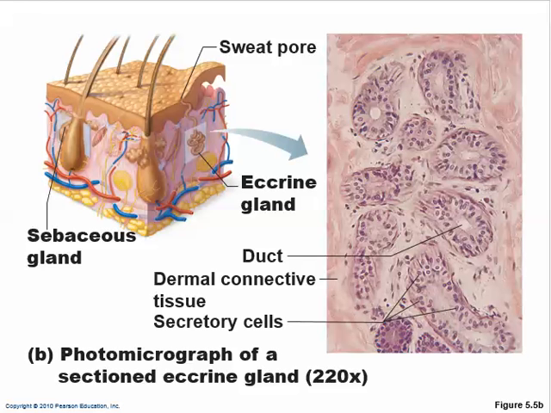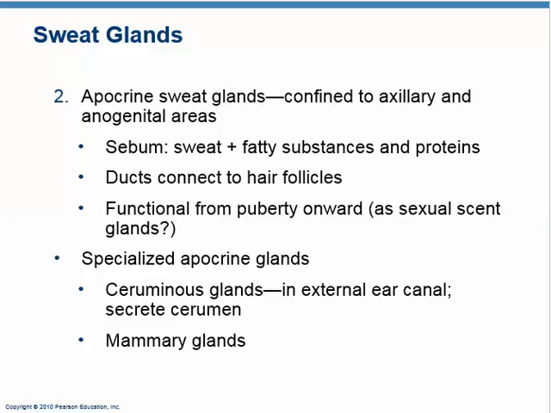The glands are found in the dermis, but they are epidermal in origin. They grow down into the dermis. Then there are the apocrine sweat glands.